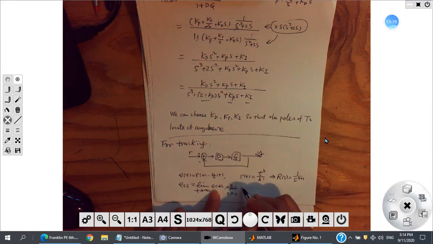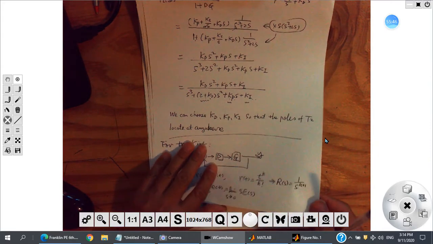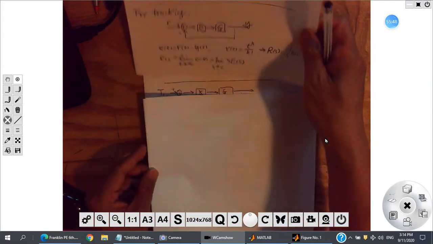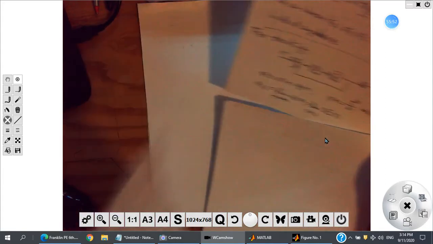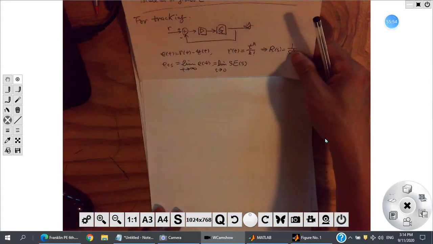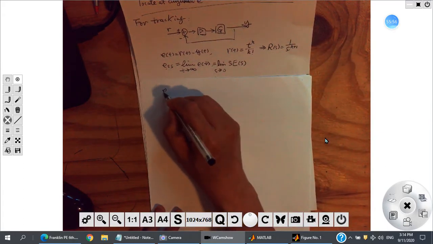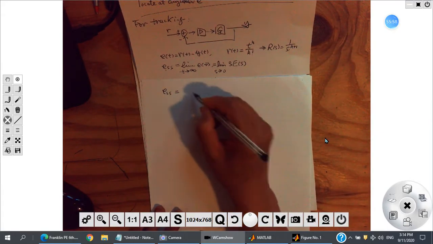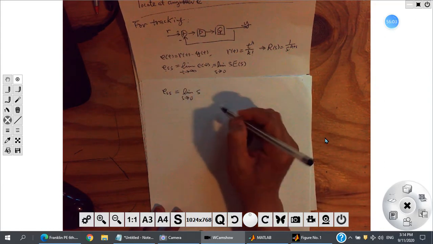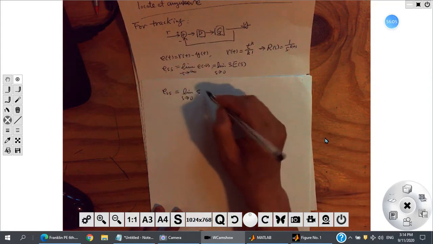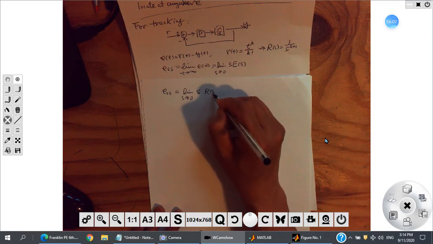So here will be s times capital E of s, so ESS will equal the limit as s tends to 0 of s times E. E is R minus y, so in the s domain it is R(s) minus y.